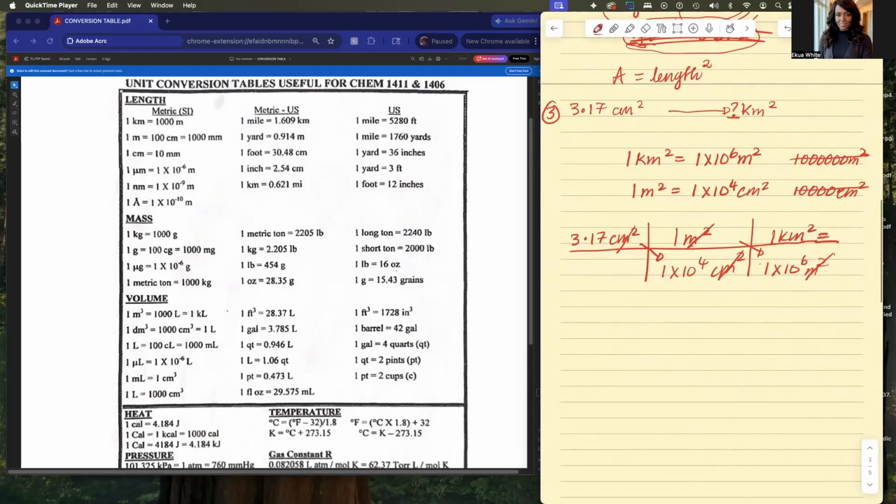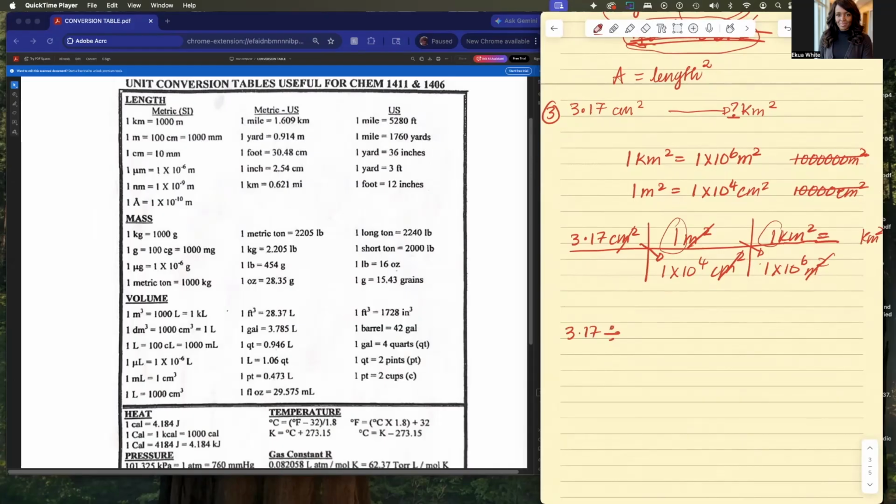Now, for our actual math to get our answer in kilometers squared, we'll take 3.17 times 1, because these are 1. We don't have to waste our mental effort doing times 1. So just divide by the denominator number.